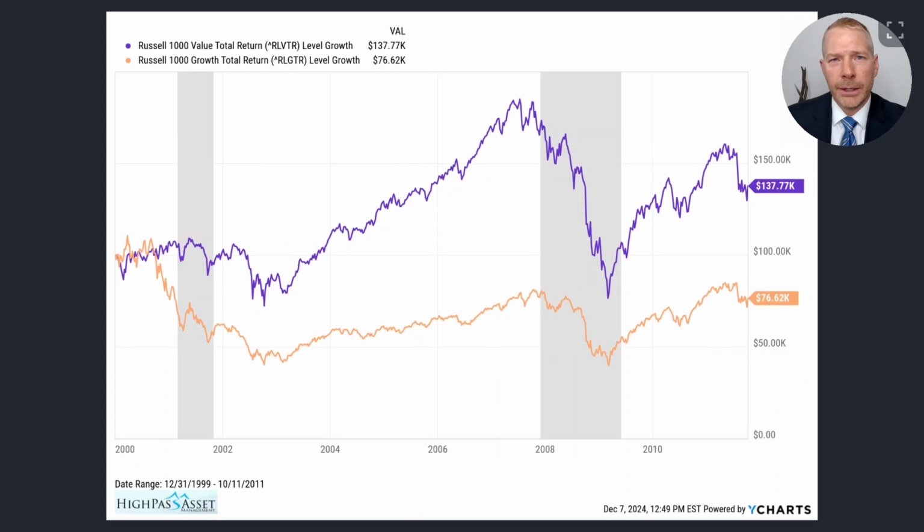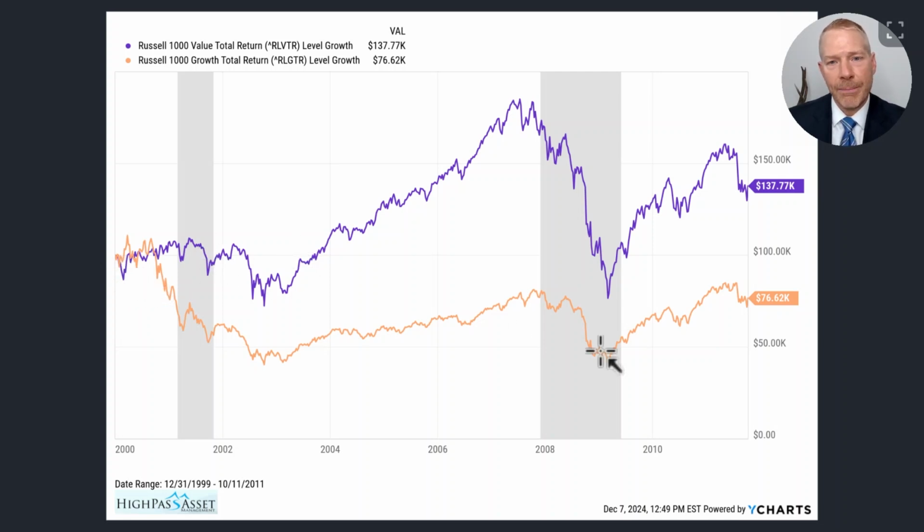Let's take a look. In the year 2000, market leadership changed away from growth and tech stocks and in favor of value stocks and stayed that way for over a decade. What we're looking at here is an illustration for a $100,000 investment in the Russell 1000 Total Return Growth Index, the orange line, versus a $100,000 investment in the Russell 1000 Value Index total return, that's the purple line.